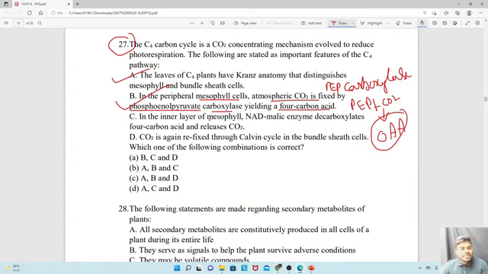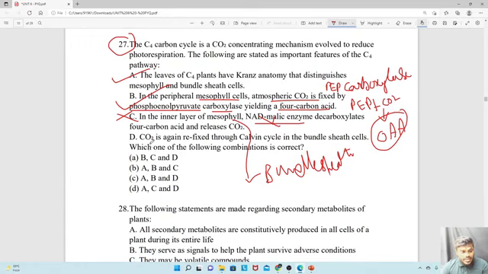Now friends, every one of you please look into option C. Option C says that in the inner layer of mesophyll, NAD malic enzyme decarboxylase is present. No, right? Where is the NAD malic enzyme present? It is present in the bundle sheath cells. It is not present in the mesophyll. Hence statement C is wrong.